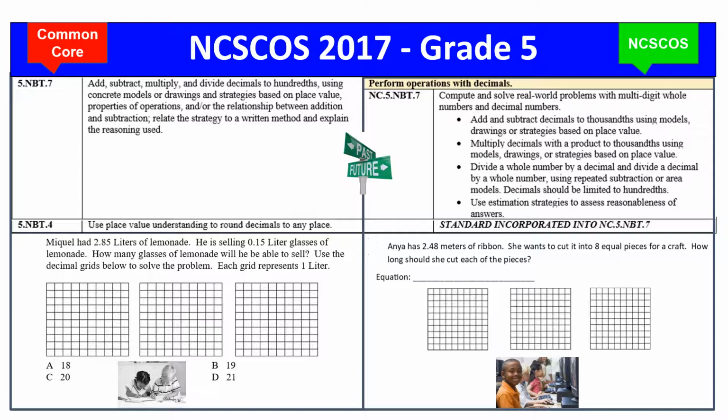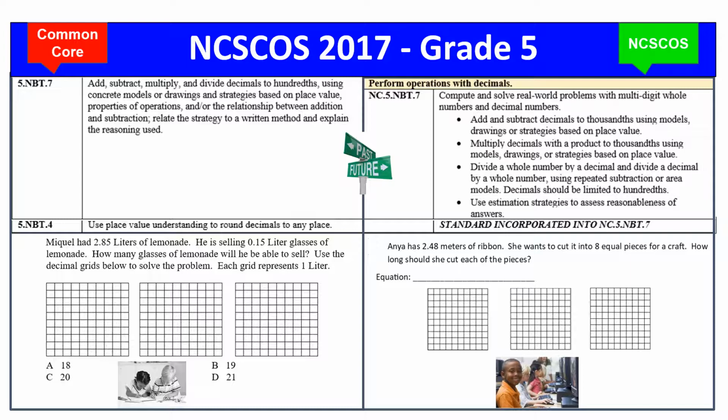Students are still expected to use models, drawings, and place value strategies to add, subtract, multiply, and divide with decimals. Students can use base 10 blocks, money, decimal grids, and number lines as tools to compute with decimals. Two notable changes are the embedding of 5.NBT.4 into NC.5.NBT.7 as estimation strategies, and the new parameters around dividing with decimals.